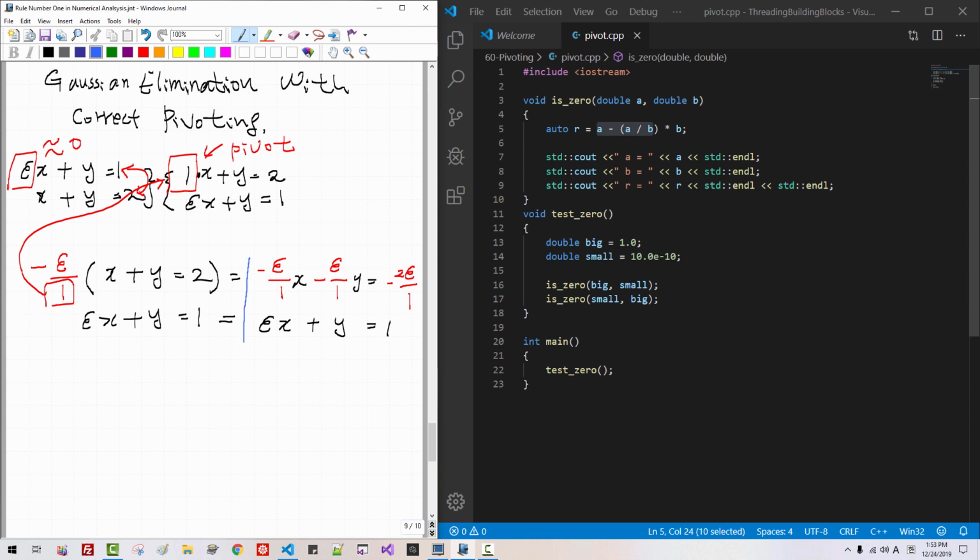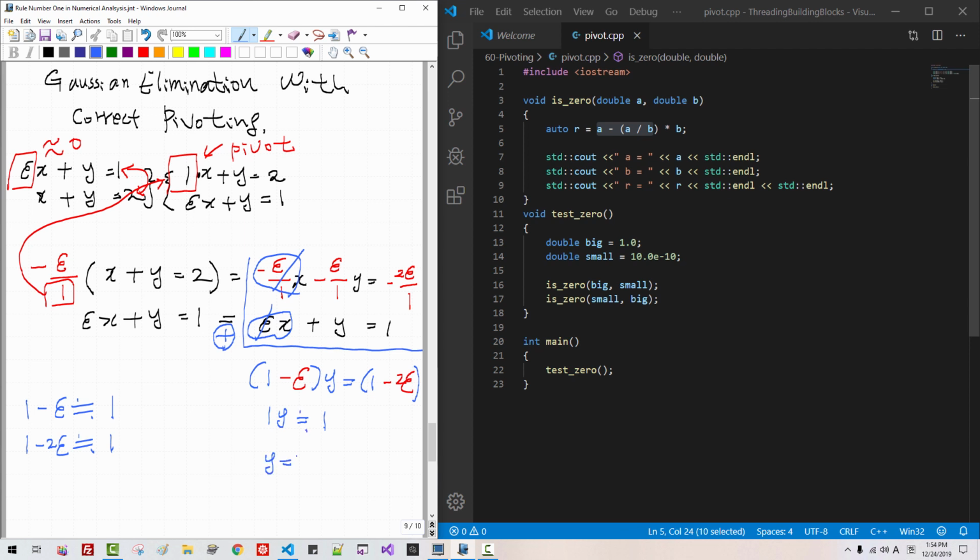If we add up together, epsilon x minus epsilon x cancels out, (1 minus epsilon) y equals 1 minus 2 epsilon. 1 minus epsilon is close to 1. 1 minus 2 epsilon is close to 1. So 1y equals 1. So y equals 1.